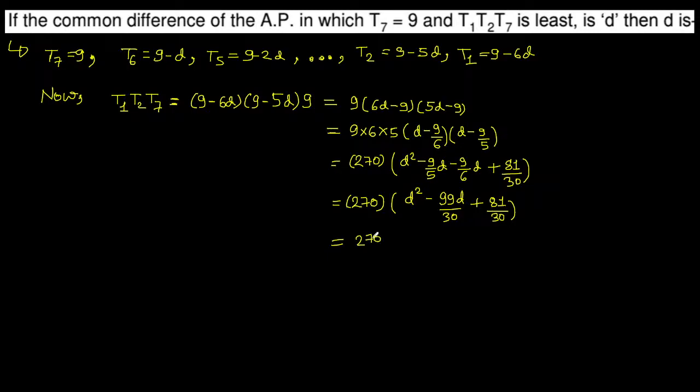If you consider a quadratic, it is minimum when it is minus b by 2a. When it is minus b by 2a, this is positive. So we can say 270 into minus of b, which is 99 by 30, minus b by 2a. A is 1.